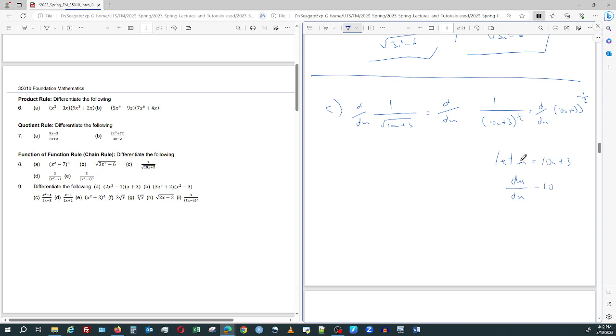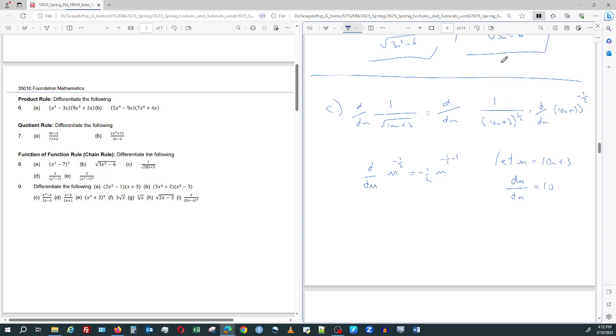And just because I made that u, I can't do d dx of u to the half, but I can do d du of u to the minus a half. And then put the equal sign there. So that would result in minus a half u to the minus a half minus 1.